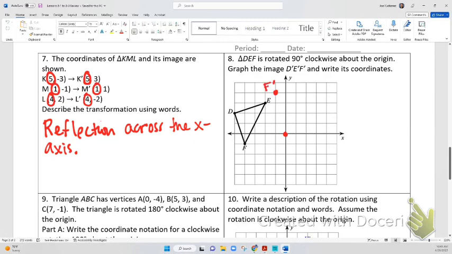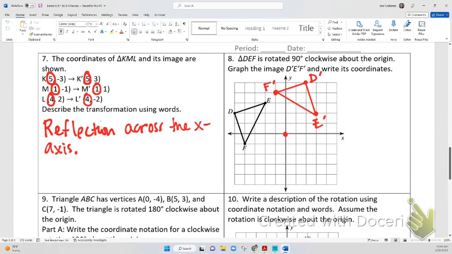This would be your new F prime. Your new D prime would be here. And then your new E prime would be here. And again, it's impossible for me to do this on my iPad because number 1, I don't have patty paper and I can't put it on top of my iPad screen, nor would you be able to see me rotating it.